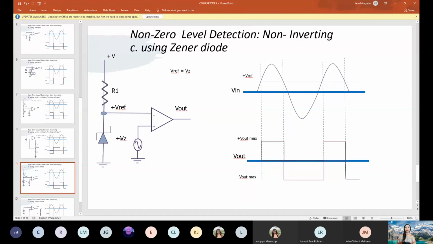The cathode side becomes positive and the anode side negative. That's what happens there. You have a reverse voltage.